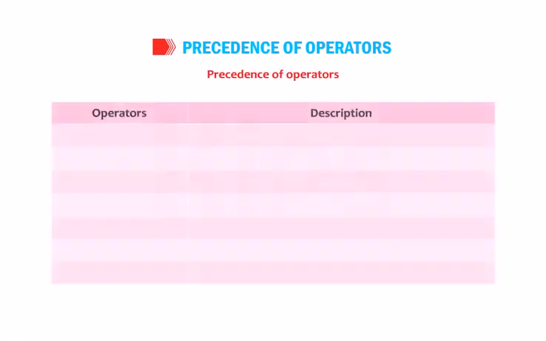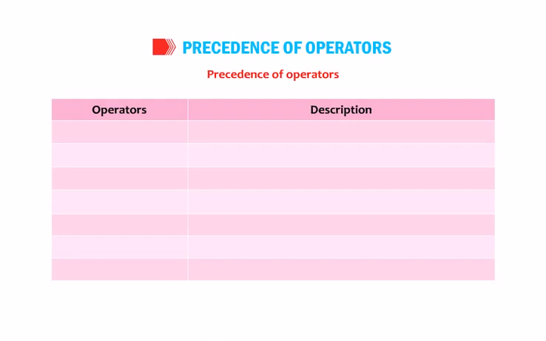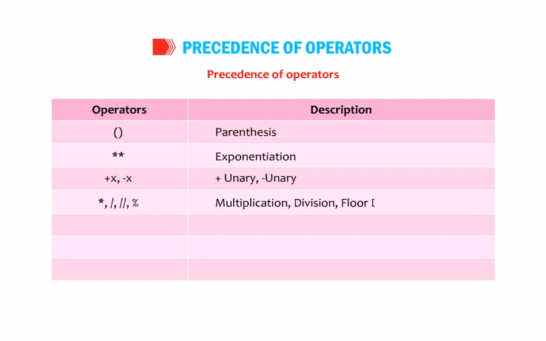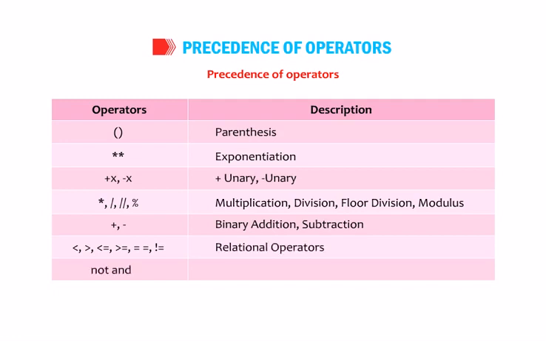Precedence of operators. Operators and description: brackets, parenthesis; asterisk asterisk, exponentiation; plus x, minus x, unary plus, unary minus; asterisk, slash, double slash, percentage, multiplication, division, floor division, modulus; plus, minus, binary addition, subtraction; smaller than, greater than, smaller than or equal to, greater than or equal to, not equal to, relational operators; not, and, or, Boolean or logical operators.